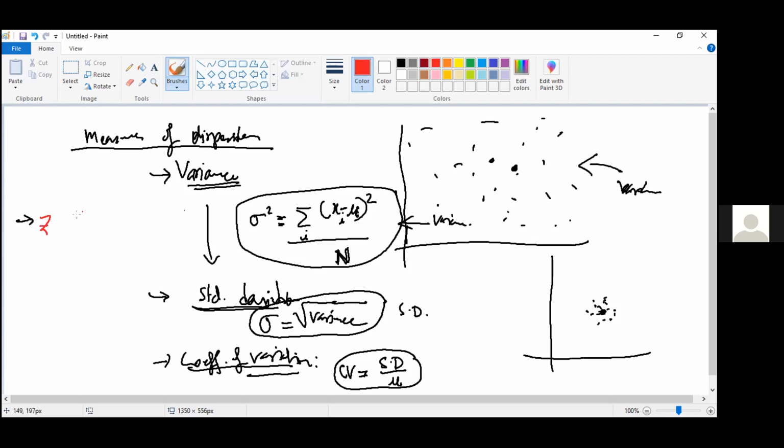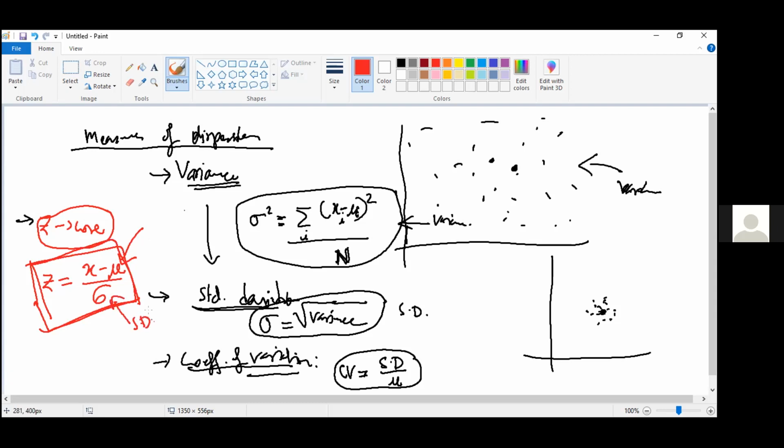Then we have one another important measure of dispersion, which we call z-score. And z-score is nothing but x minus mu over sigma, where mu means mean and sigma is the standard deviation, and x is your data.